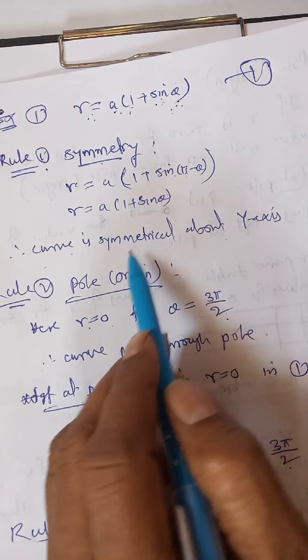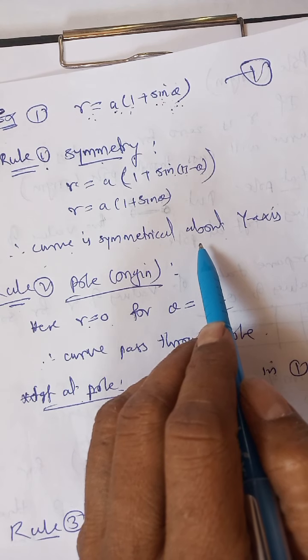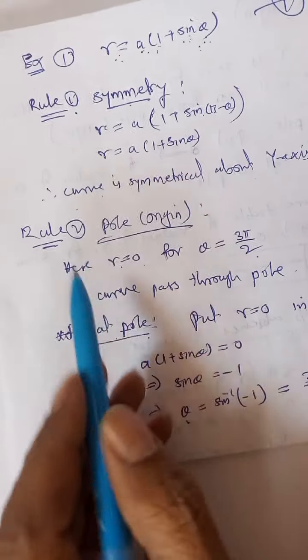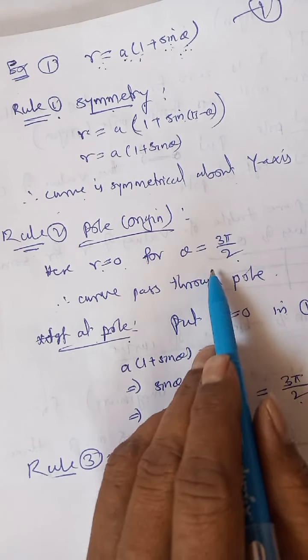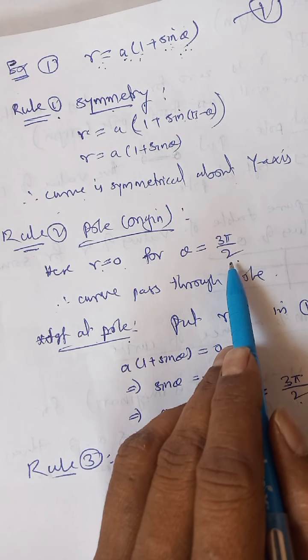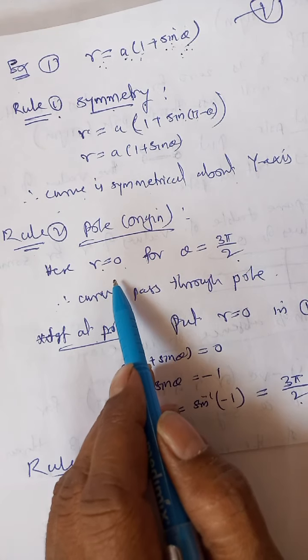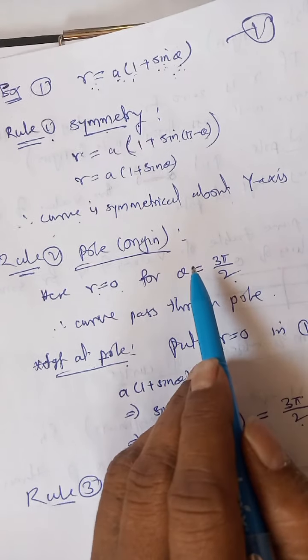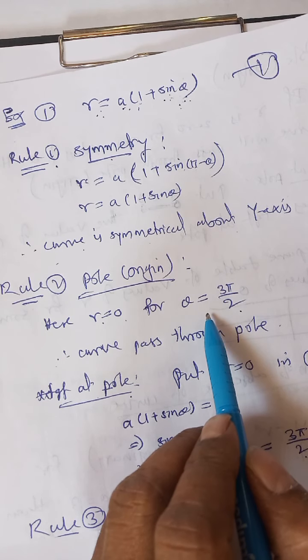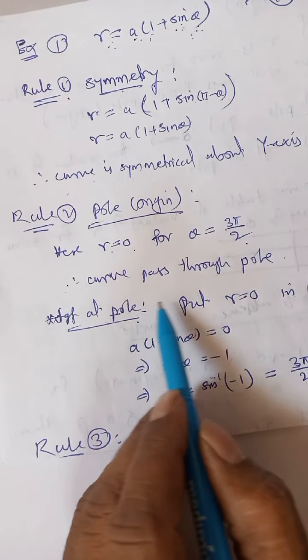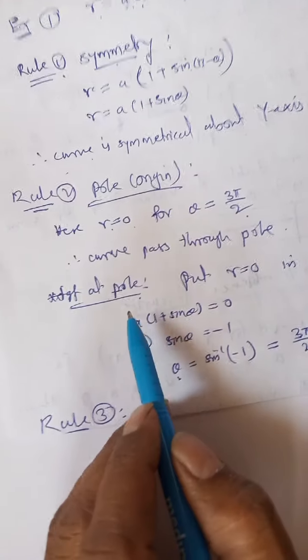So by the third rule, we got this symmetry. Rule 2: we have seen it passes through the pole because for theta equals 3 pi by 2, the value of r is 0, as sine 3 pi by 2 is minus 1. So the curve passes through the pole.